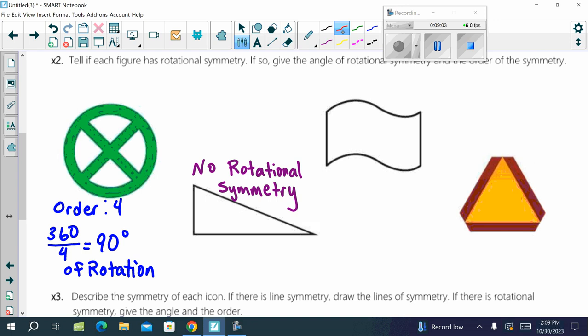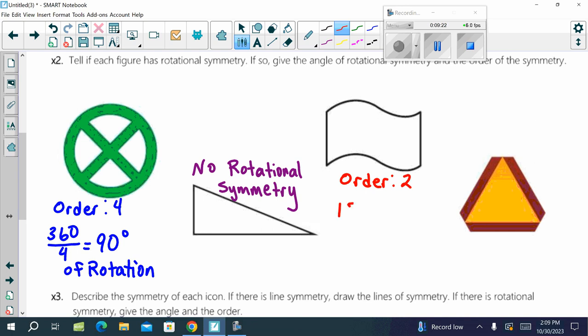What about this little squiggle flag looking thing? Its order is 2. So how many degrees of rotational symmetry does it have? 180, good.